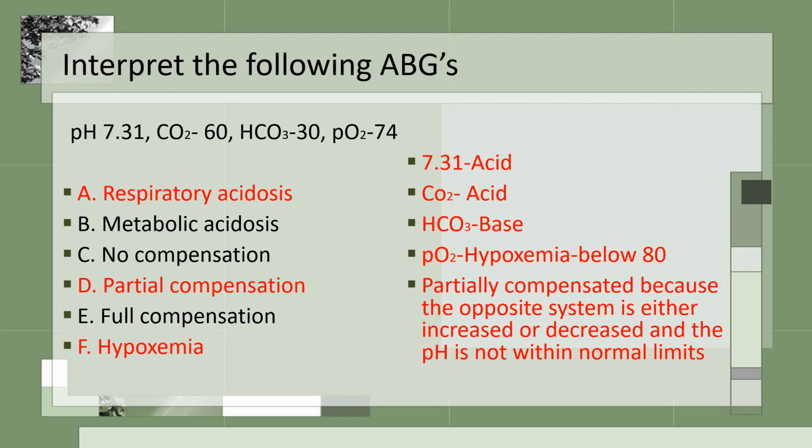It is partially compensated because the opposite system is either increased or decreased. In this case, the CO2 is an acid and the bicarb is a base. And also the pH has to be not within normal limits to have partial compensation.